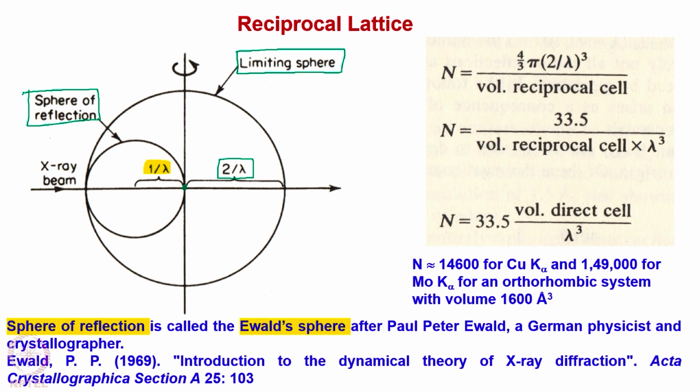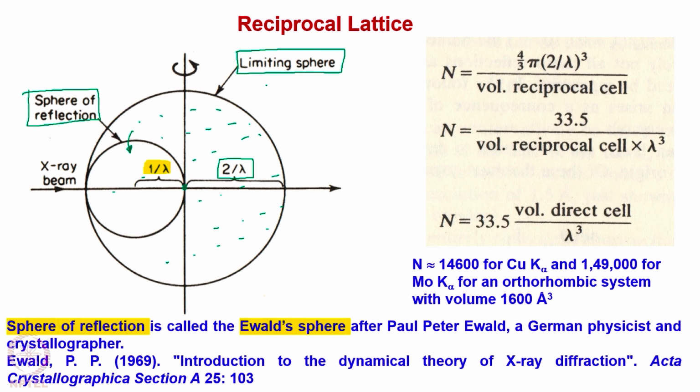In the next slide, I will show you a presentation where we will see that all the reciprocal lattice points which are falling within this limiting sphere can be made to pass through the sphere of reflection.